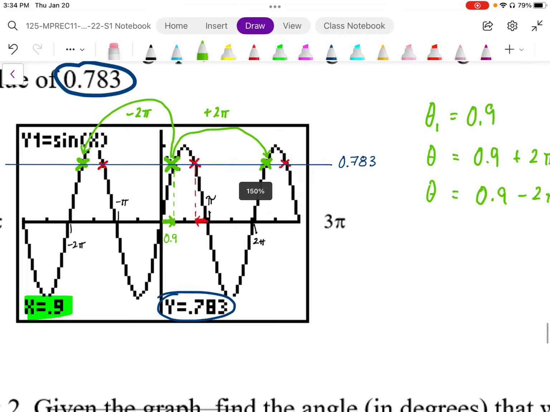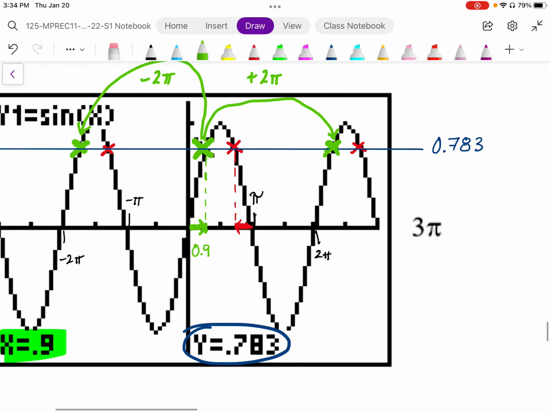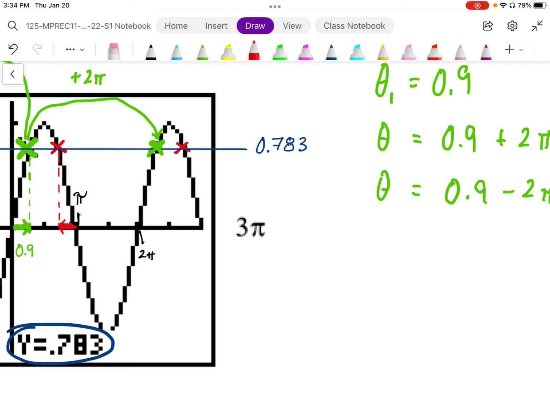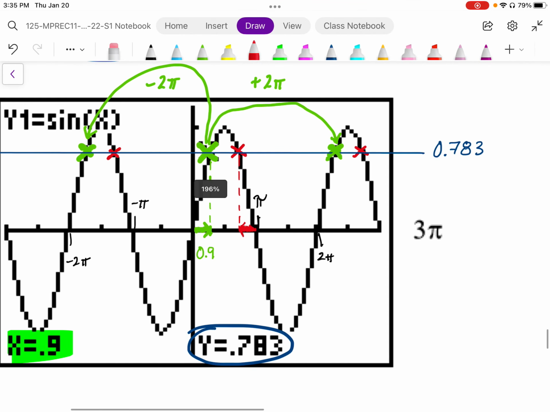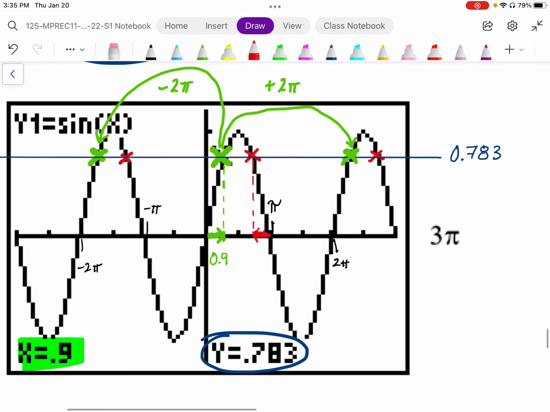Now there's another angle here in red, and I'm just going to say that that is theta 2. This is actually related to theta 2 in the standard position. Now when we take a look at that red point, how is it related to the green point? Well, we can use some symmetry.